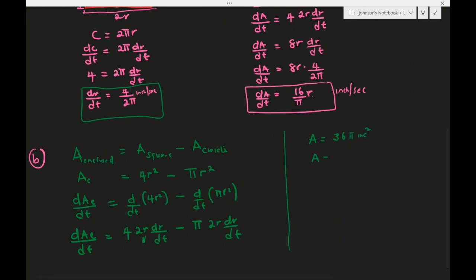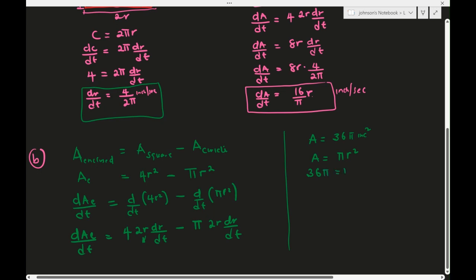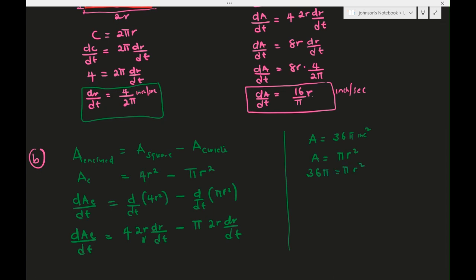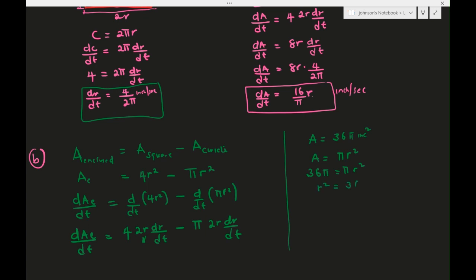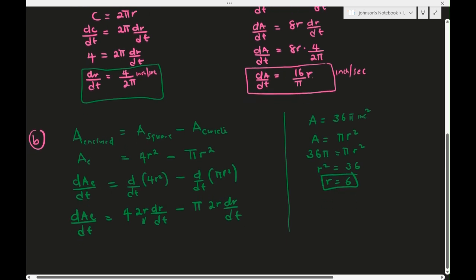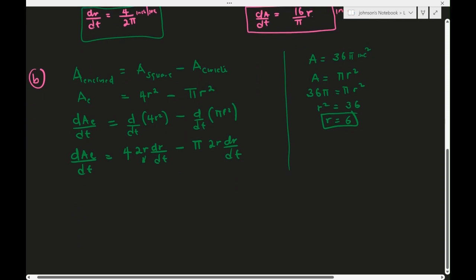So we have 36 pi is equal to pi r squared, because we know that the area of a circle is pi r squared. So clearly r squared is just going to be 36. Then it means the radius is going to be the positive root, which is 6.